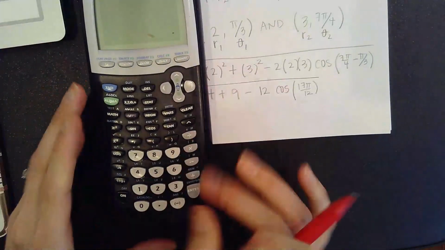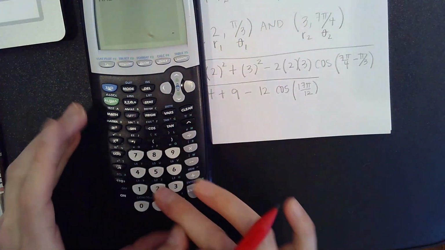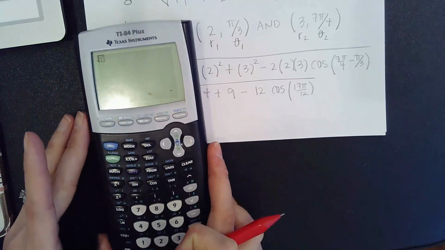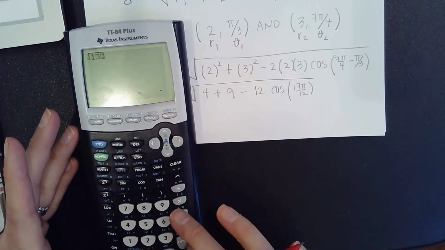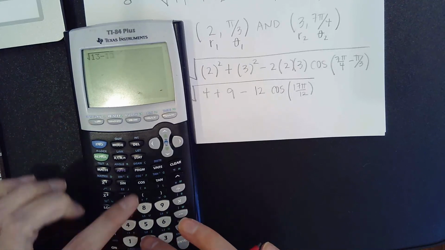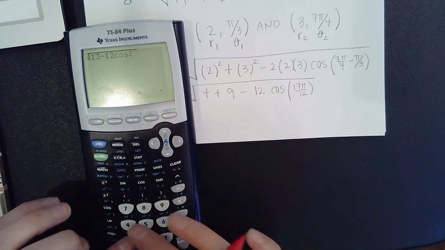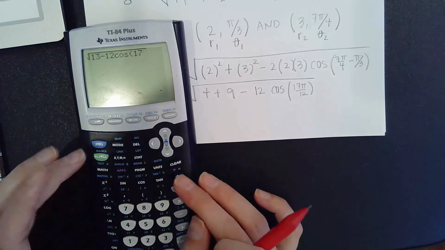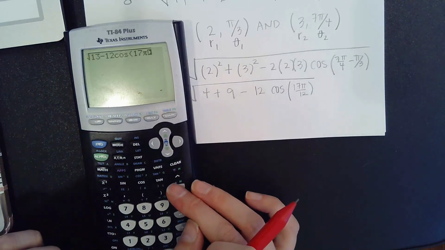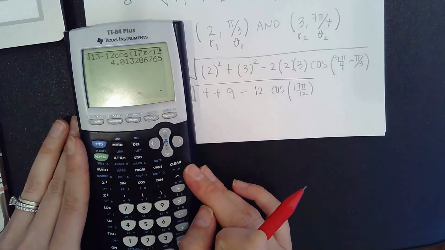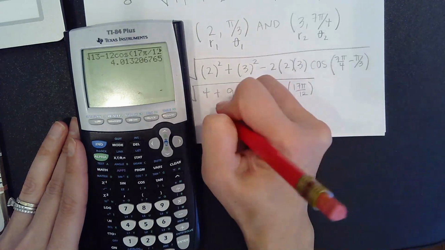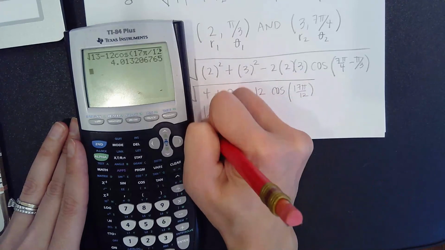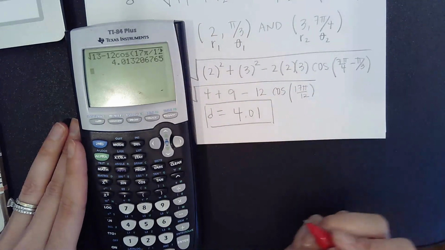So I'm going to put this in my calculator. So square root of 13 minus 12 cosine of 17 pi divided by 12. So the distance is going to be 4.01 units.